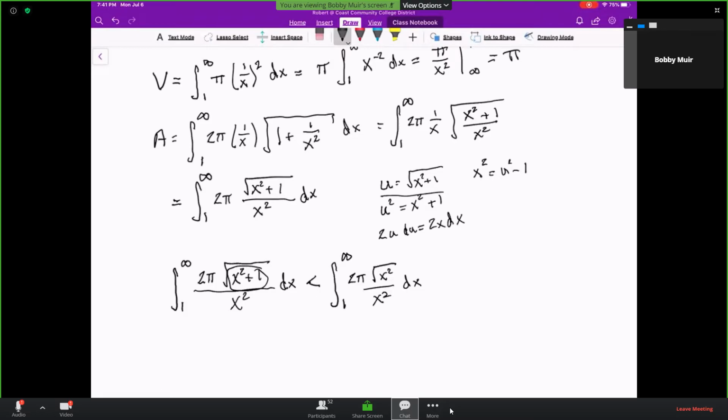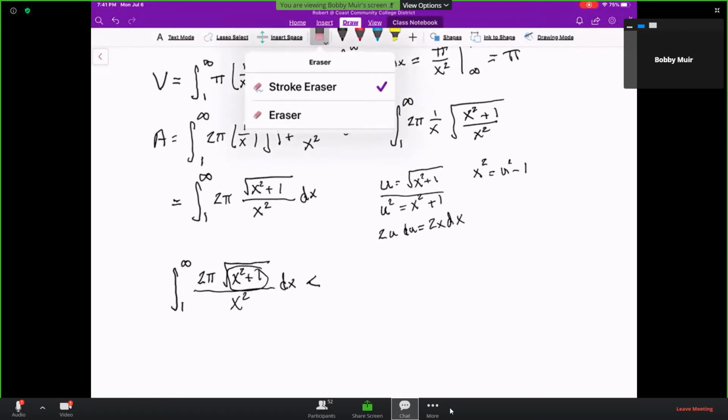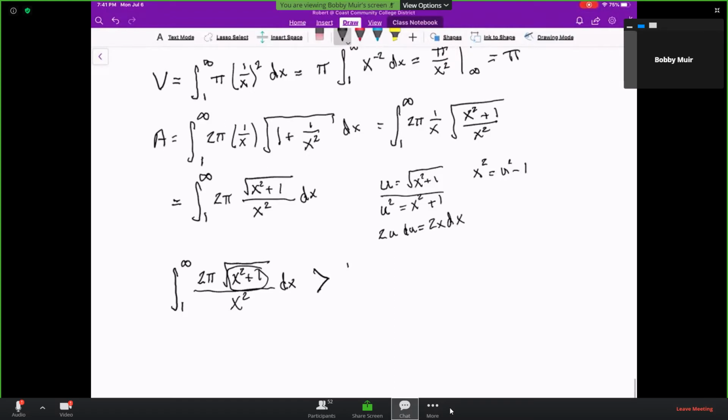Oops, I have that the wrong way. So this guy is smaller than that guy. So hold on, back to the drawing board here. Oh, you have to just flip this one. So this thing is bigger than this integral, 1 to infinity, 2 pi, square root of x squared over x squared dx.